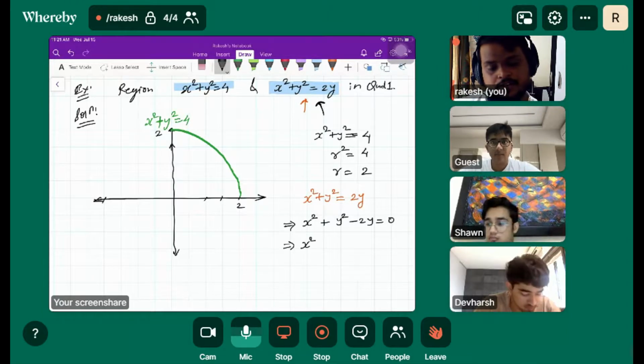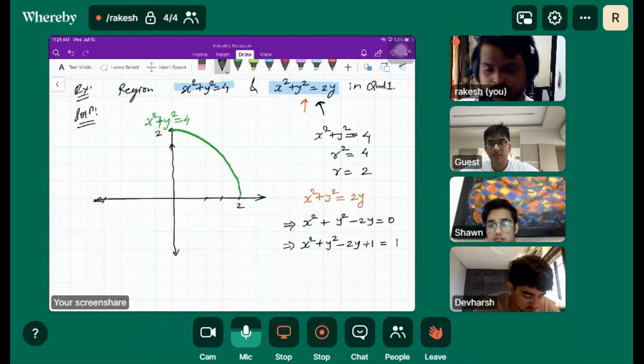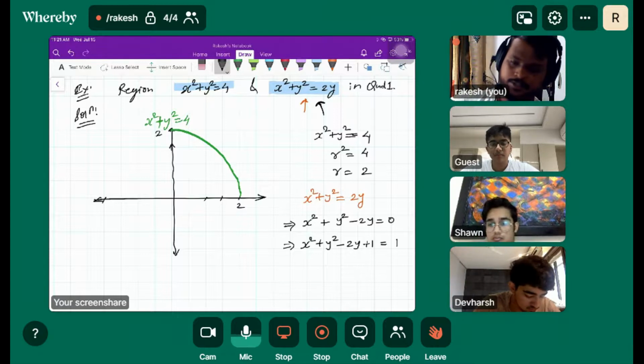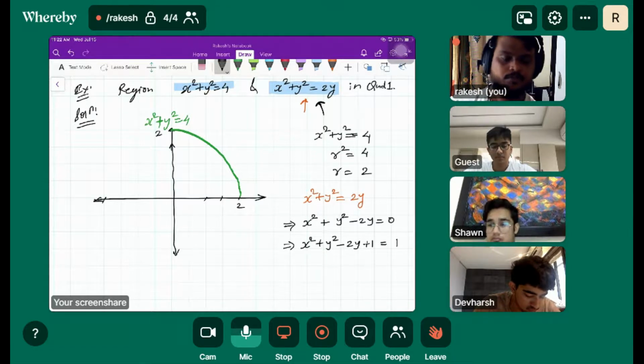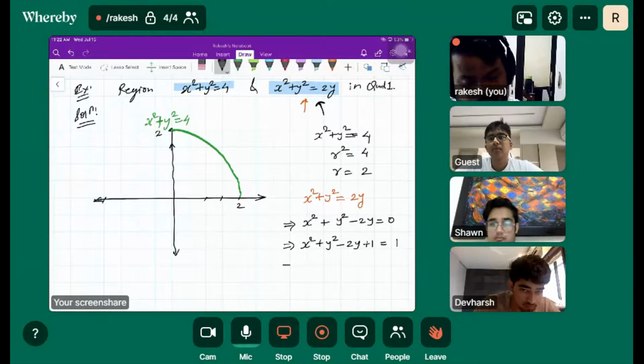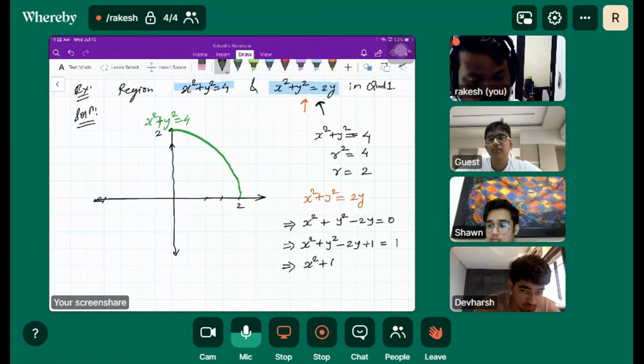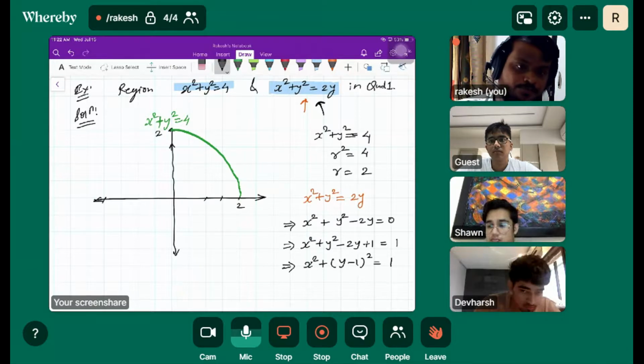So x square plus y square minus 2y plus 1 is equal to 1. What did I do here? I just completed the square for y, right? Y square minus 2y plus 1 is the complete square now. So that is x square plus y minus 1, the whole square, is equal to 1. What is this now?